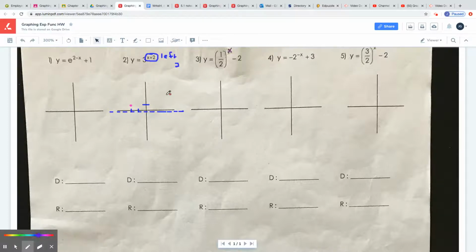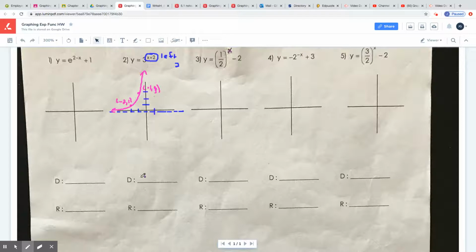For the other point, I'm normally at (1, 3), but then I'm going to move it to the left 2, and I'm going to be at (-1, 3). And it just looks like that. So that's (-1, 3) and this is (-2, 1).